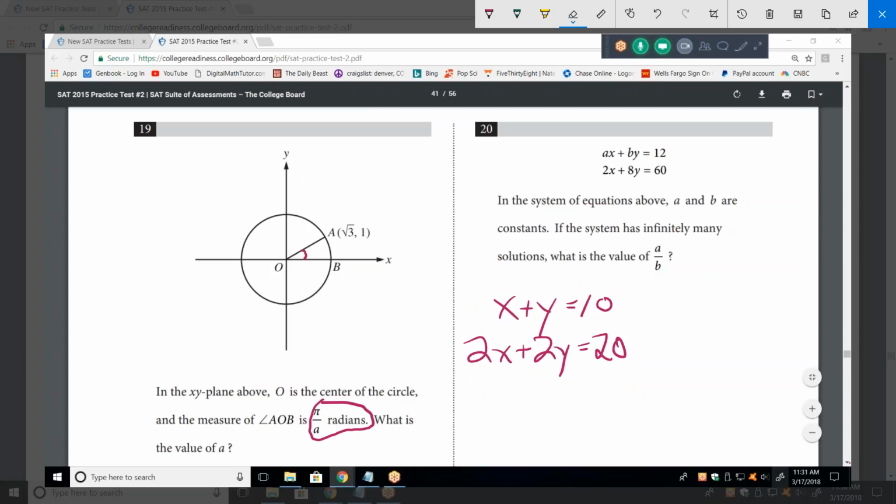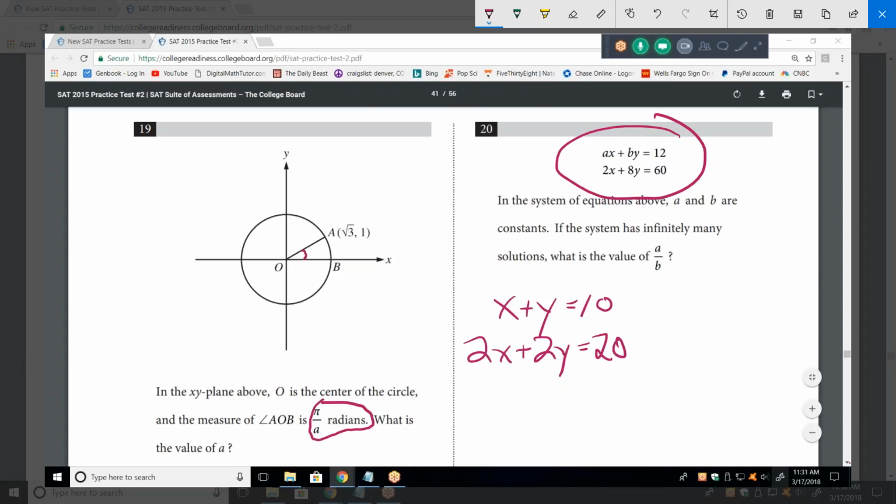In order to be able to solve using elimination, or when you're solving a system of equations, they have to be different. Otherwise, you're not going to be able to solve for x and y. The only time you can solve is if they're different equations.